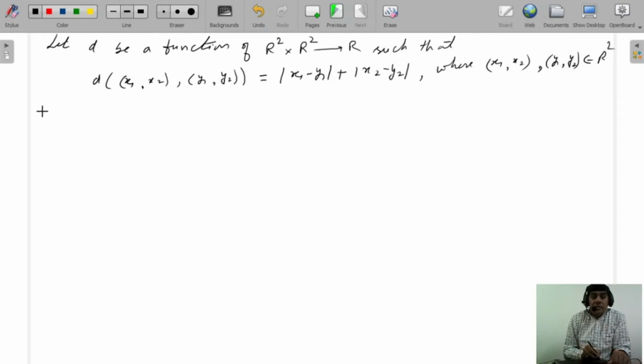Show that (R square, d) is a metric space.